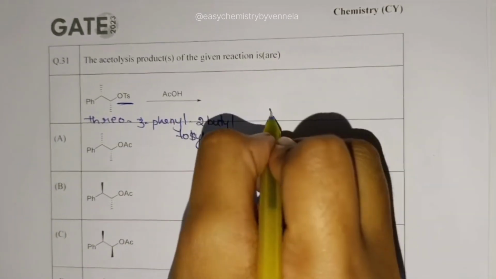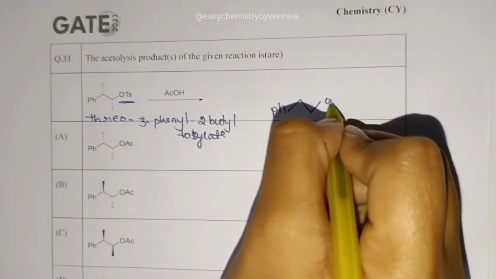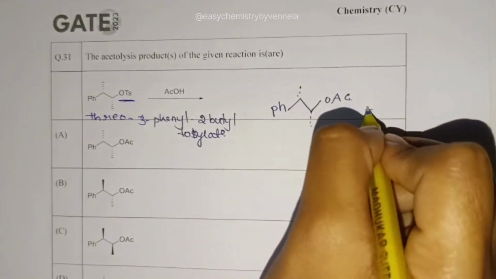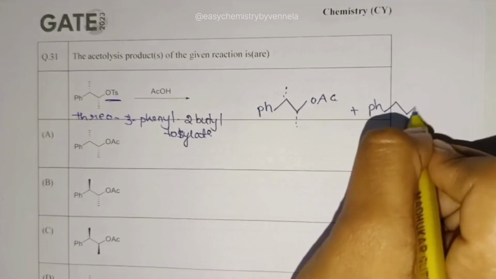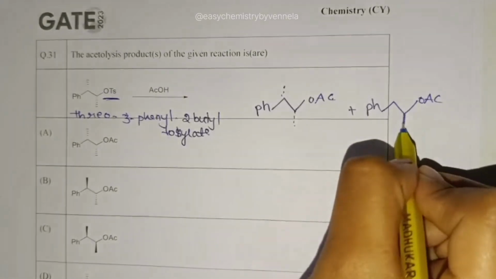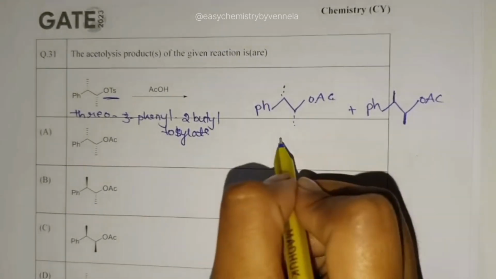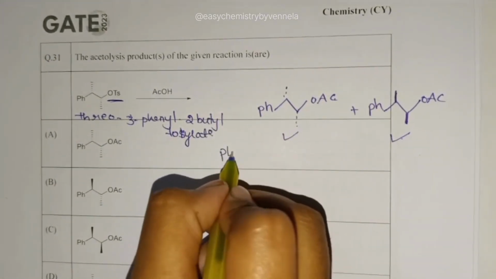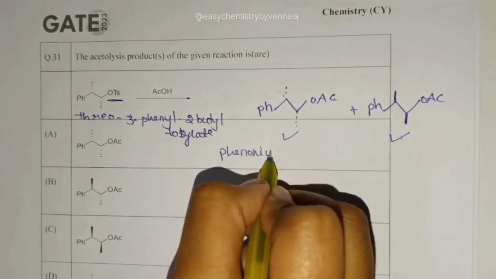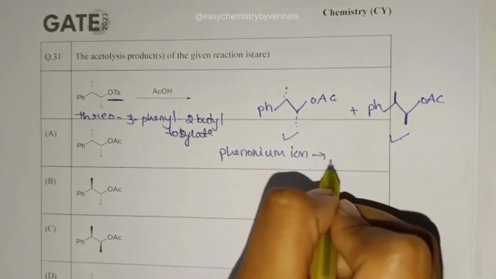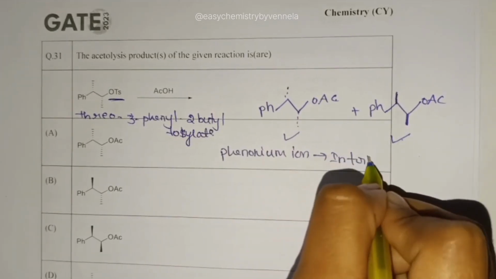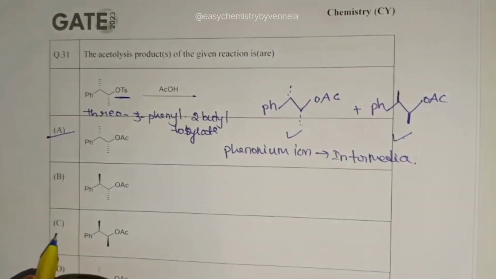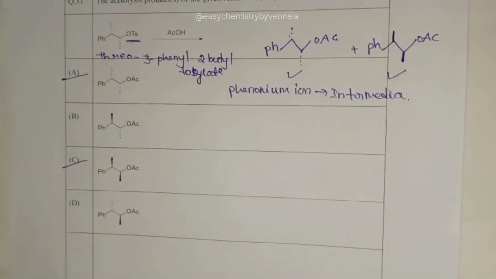So our answer is both in above the plane and both in below the plane. Here the phenonium ion is the intermediate. So the correct answer is option A and C. Next question.